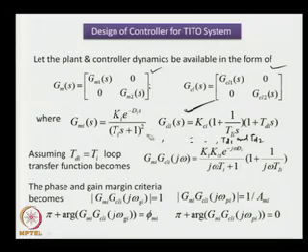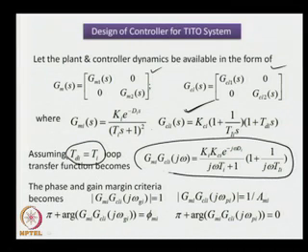Like the earlier case, let us make this assumption with the choice of TDi equal to Ti, then the loop transfer functions can be given as GMi GCi(j omega) is equal to Ki KCi e to the power minus j omega Di upon (j omega Ti plus 1) times (1 plus 1 upon j omega Ti).